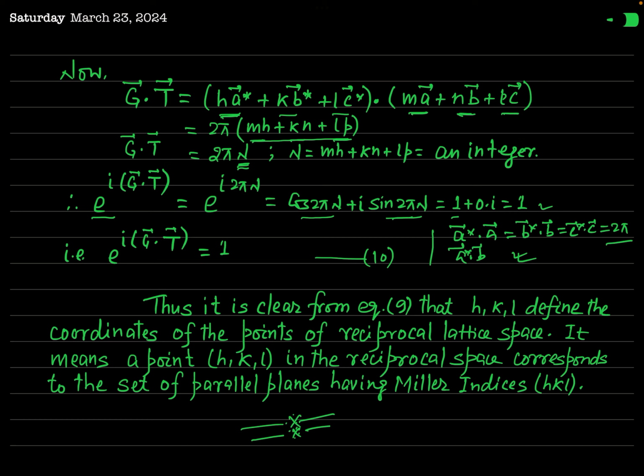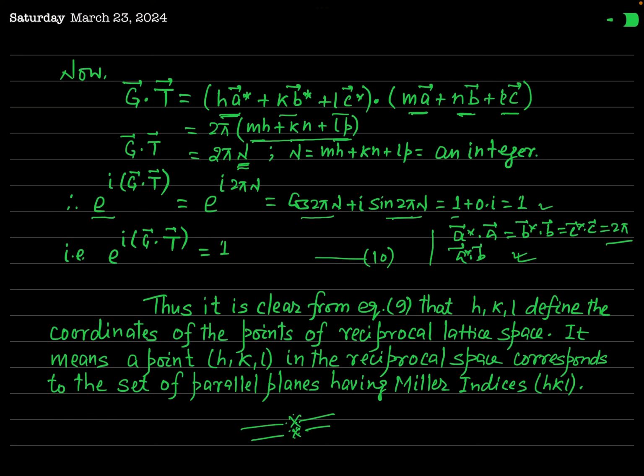So our result is equal to 1. This is a very interesting result, that e to the power i G dot T is always equal to 1. This is a very important result, and you will see later on the importance of this result in the forthcoming lectures.